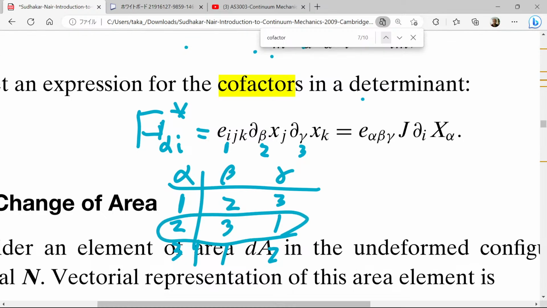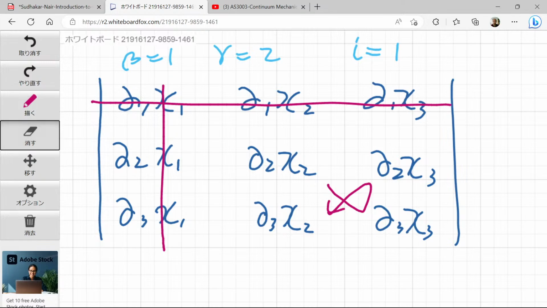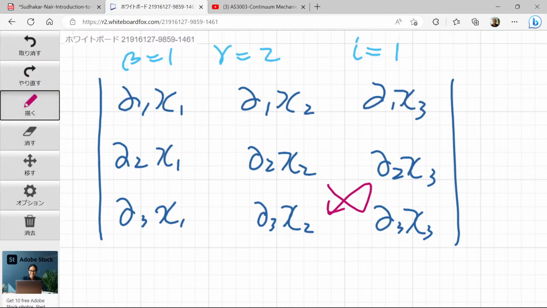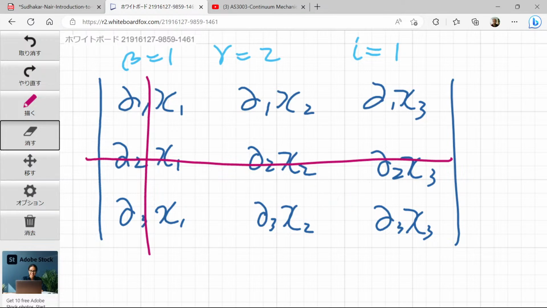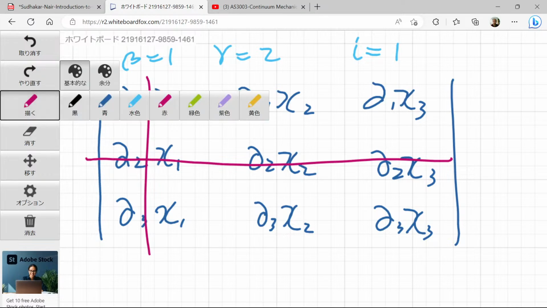So now we consider 2, 1. What is the cofactor for 2, 1? This is 2, 1. Okay, so the cofactors 1, 3 minus 1, 2. Okay, this has to be the cofactor.